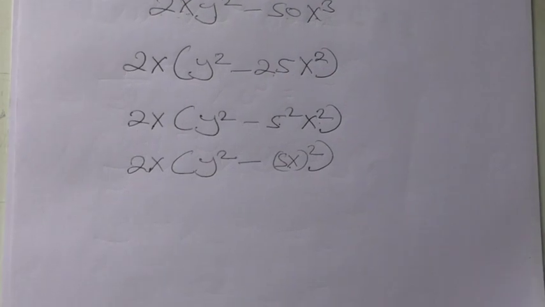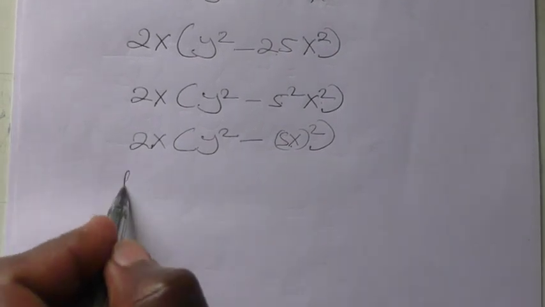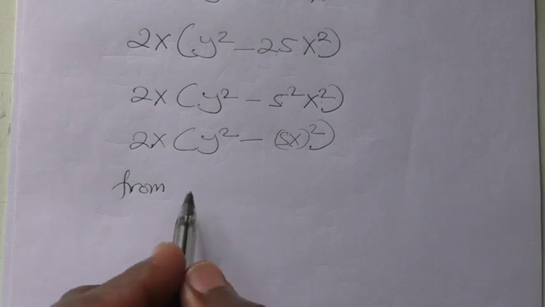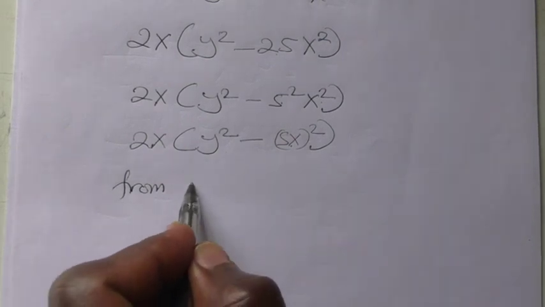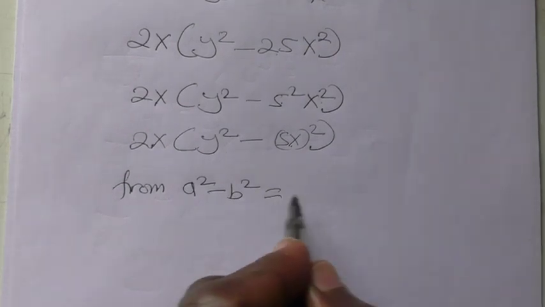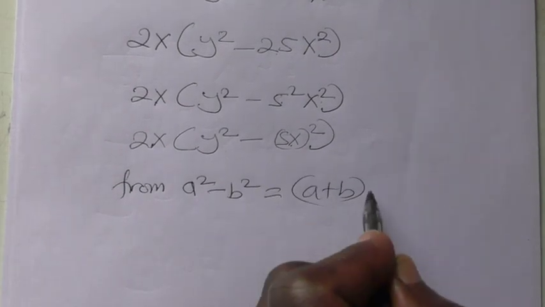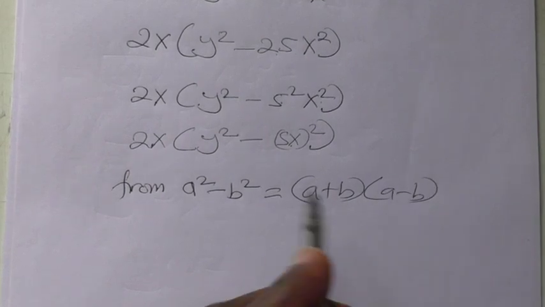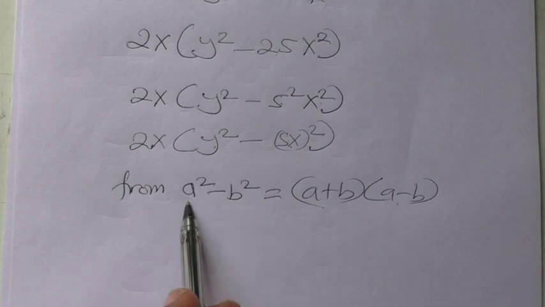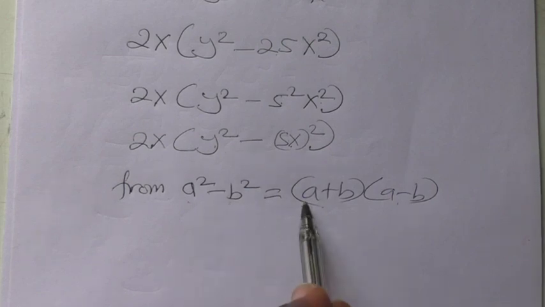From the difference of two squares, which says that if I have a squared minus b squared, then this is the same as a plus b and a minus b. So we are expressing this in this form. Since it is written in this form, we change into that form.